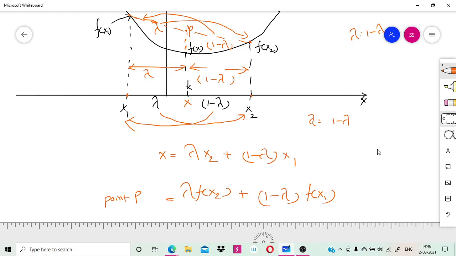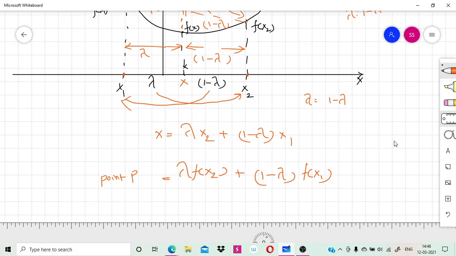At the same time, we can have the expression for f of x also.